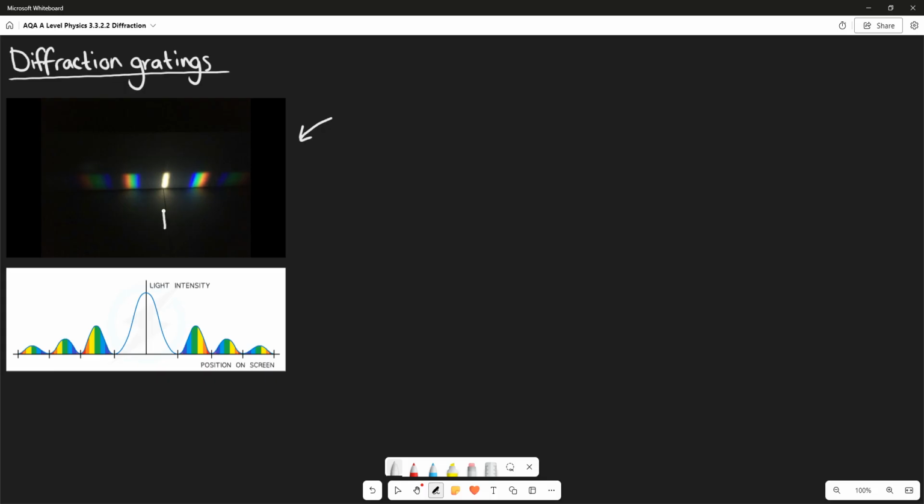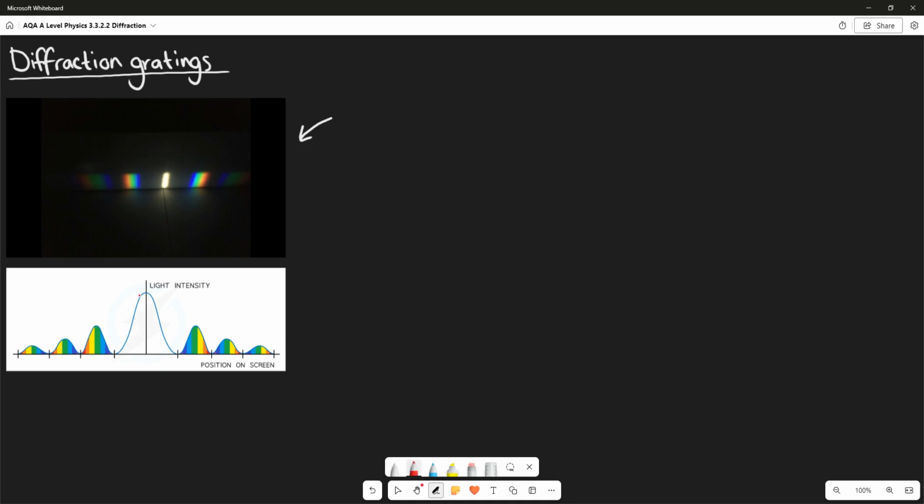And we get a central white fringe, and then we can see the next fringe over. We have blue in the centre, and then we have red on the outside. Same with the other one, blue nearest the centre and red further out. On an intensity graph, we see that pattern.